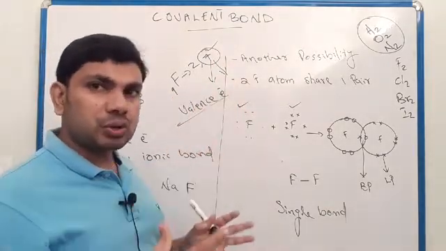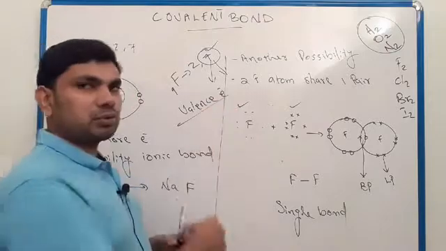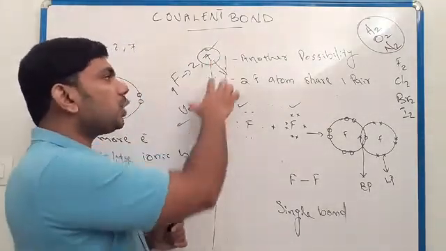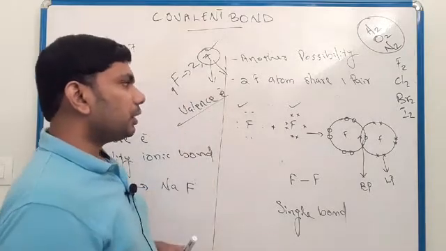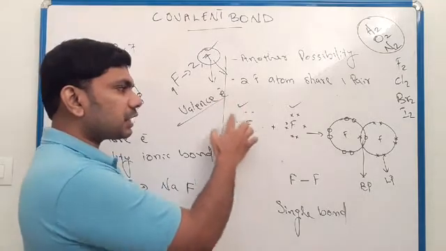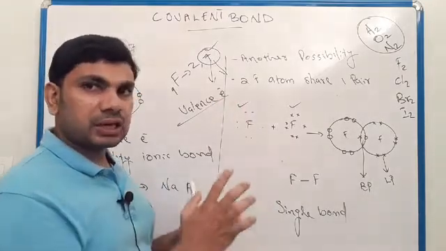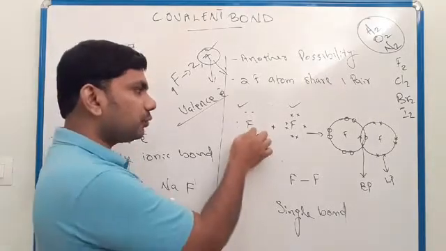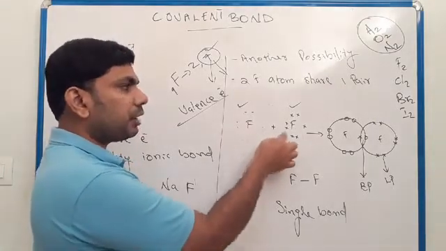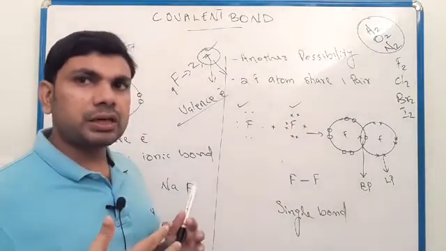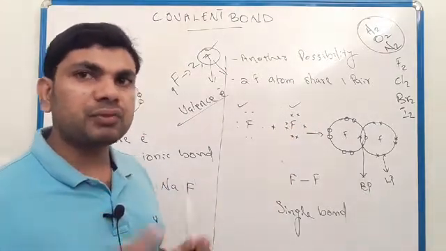Outer shell electrons are called valence electrons. Remember this. So here, for two fluorine atoms, I used only valence electrons. Valence electrons are 7: one fluorine atom with 7 electrons, another fluorine atom with 7 electrons. They react together and share one pair of electrons.